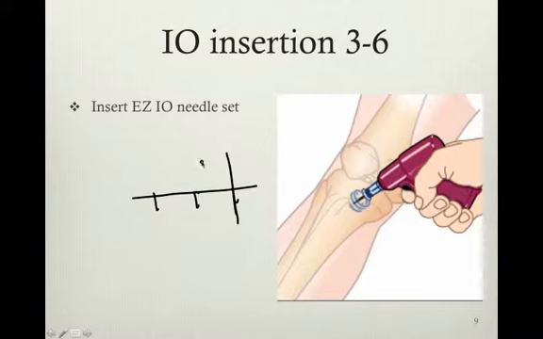Whenever you insert it and touch the bone, hopefully you're somewhere in here with the skin level, so that whenever you squeeze the trigger on this and it spins it in there, there'll be some needle actually in the bone. Now, if the patient has too much tissue in this area, there are multiple sizes of IO needles that you can use, up to and including the yellow one, which is for obese patients.